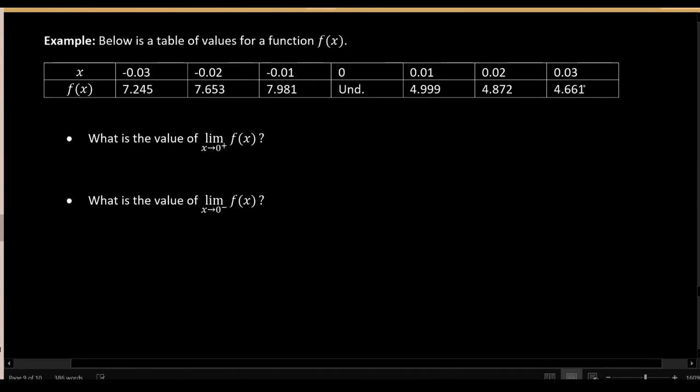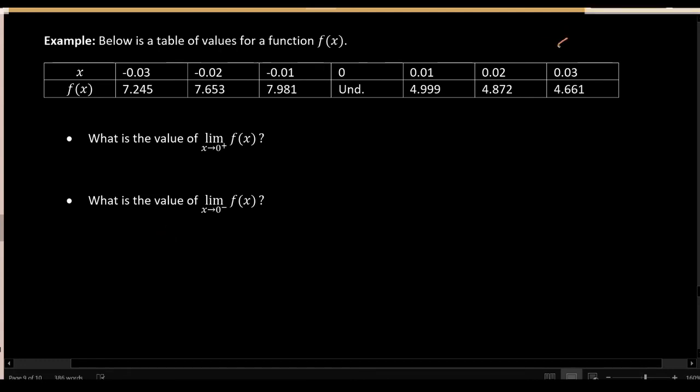Now so far, we've been dealing with limits and graphs, but you can also do limits when working with a table. Here is a very short table of values for a function f of x. If we try to plug in x equals 0 itself, we won't get a real number answer. f of 0 itself is undefined. But what if we began to approach 0 from the right-hand side?